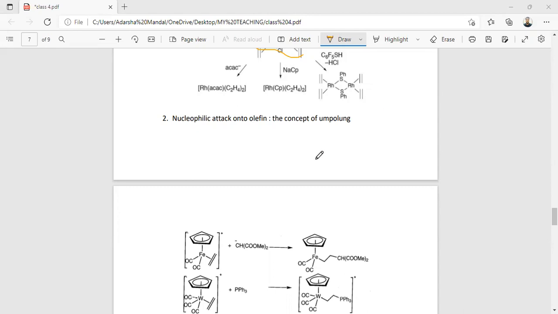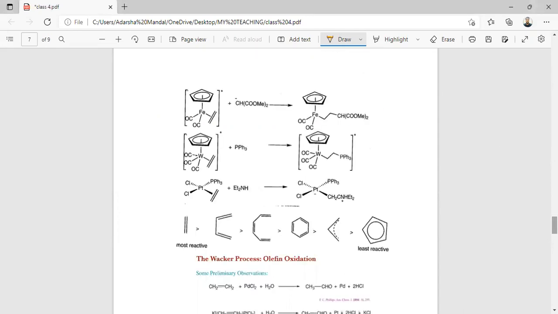So here are some examples of nucleophilic attack on the metal alkene complex.